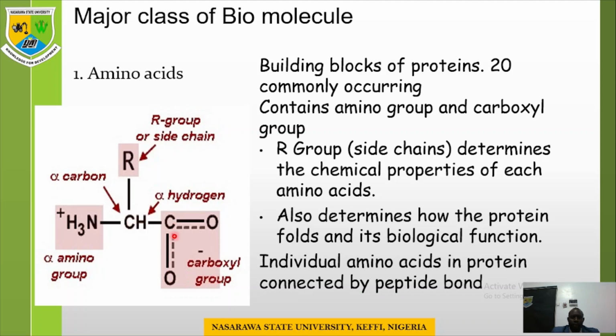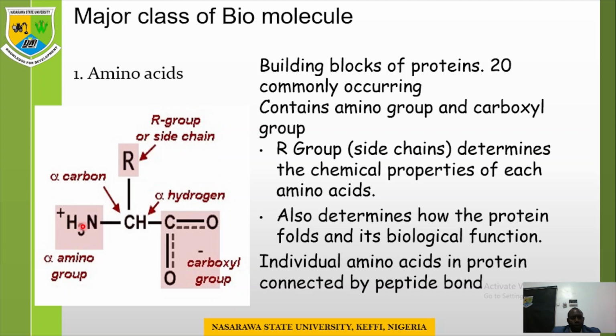This we call the alpha hydrogen. When you are counting, you start counting from the carboxyl group end. You call it alpha. If you have another carbon, it will be beta. This is the alpha carbon, this is the alpha hydrogen. That is why we call this an alpha amino acid.